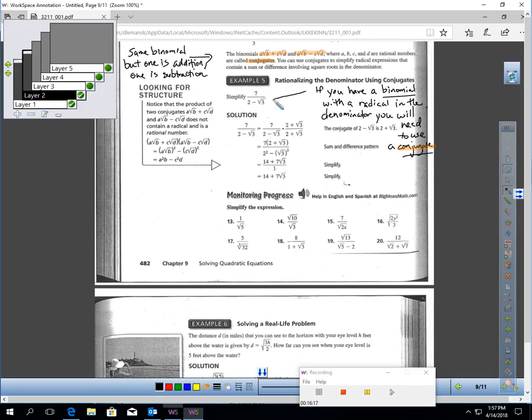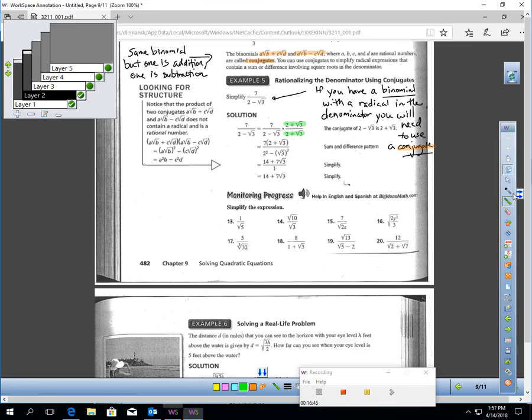Do you notice how we have a binomial in the denominator, and we have a radical in it? Okay? Here's what a conjugate is. I'm going to highlight it here in green. To get rid of 2 minus radical 3, I would multiply the numerator and denominator by 2 plus radical 3. You see how one is subtraction, one is addition.